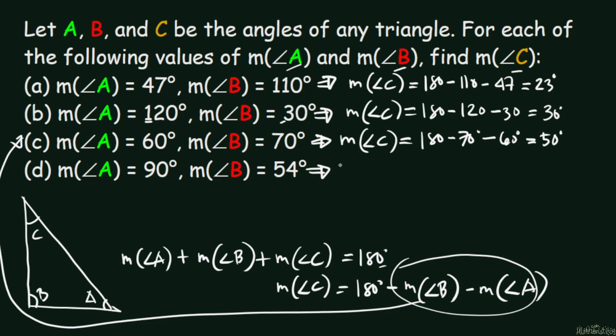And lastly, letter D, the measure of angle C is equal to 180 degrees minus 90 degrees minus 54 degrees, so equal to 36 degrees. So these are the answers for these exercises.